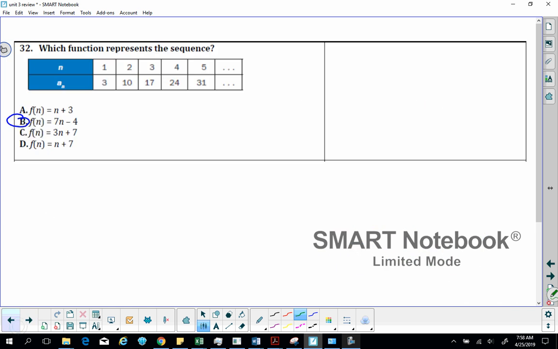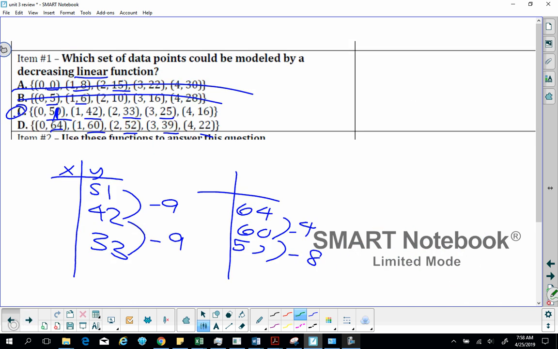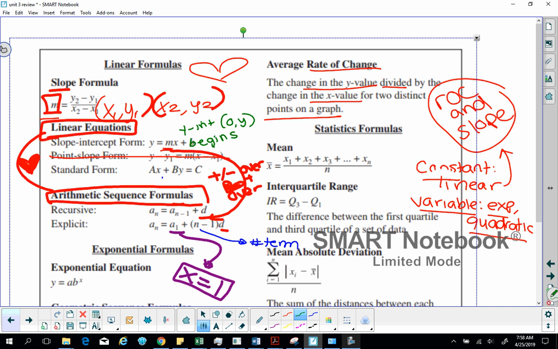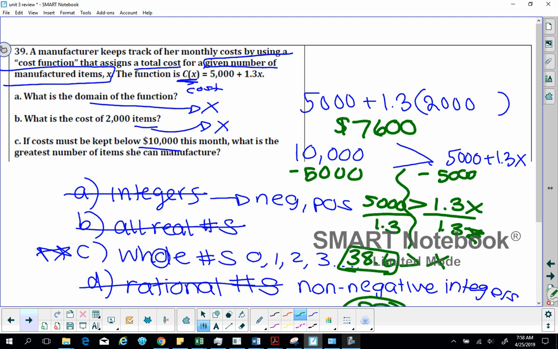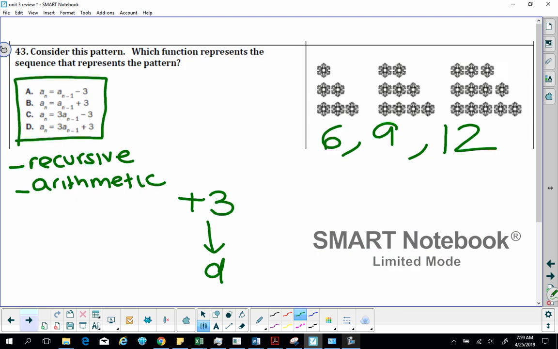So what I would do is I would go, okay, I know it's arithmetic, I know it's recursive. I'm going to go back to my formula sheet right here that we just went over. I know the only thing I need to fill in is my d, which is your slope. So what was the d in that problem? 3.